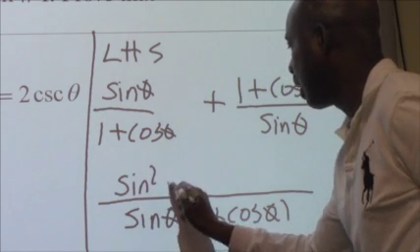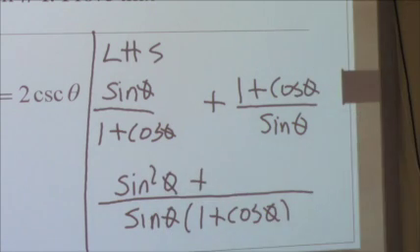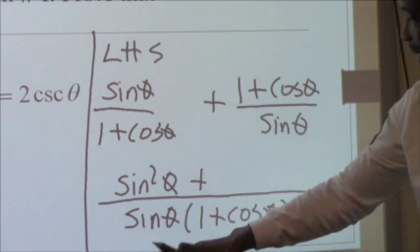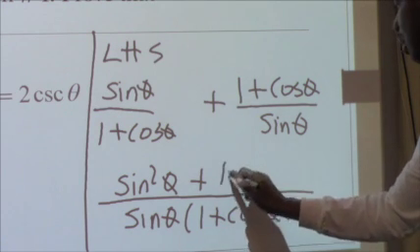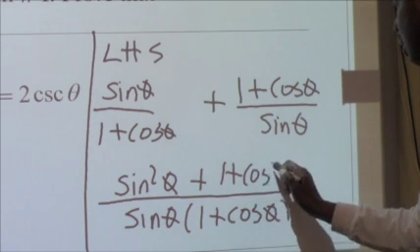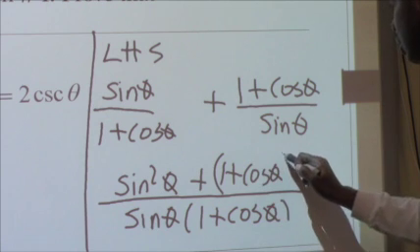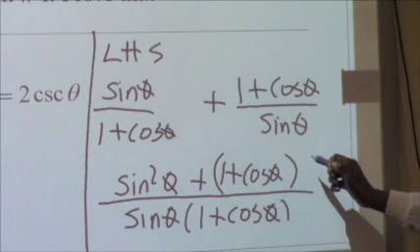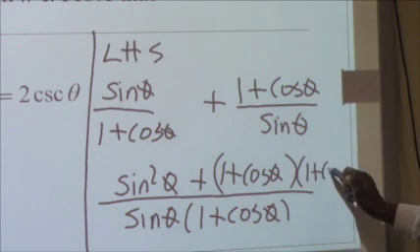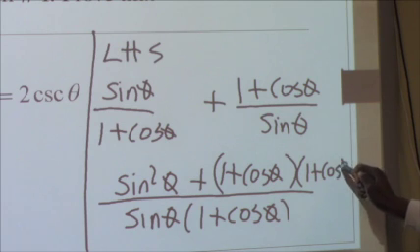I will have sine squared theta plus, now when I put sine over here, I will have 1 plus cosine theta times 1 plus cosine theta. Okay, so let's see what we're going to get next.